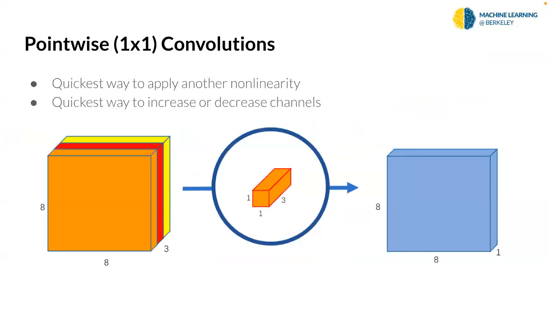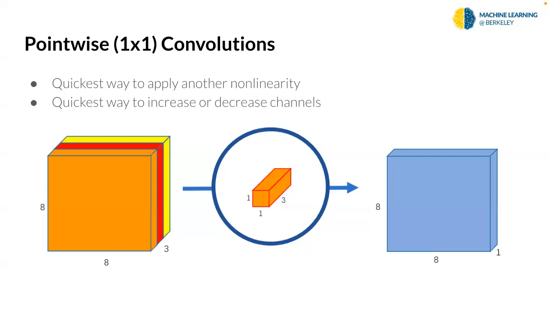A little aside for 1x1 convolutions. You learn 3x3 convolutions, take the dot product and aggregate it. What's the point of a 1x1 convolution? Basically, it's the quickest way to apply a nonlinearity, and it's also the quickest way to increase or decrease the number of channels that we have. In an image, for all of the pixels, we take the weighted sum over all of the channels, we compress it, and that becomes one feature in the output.